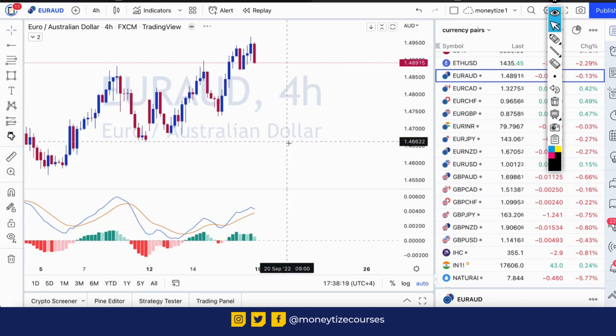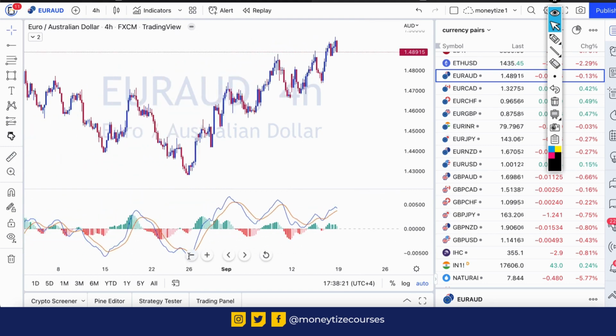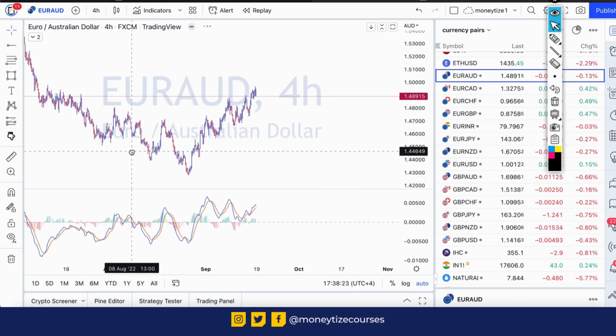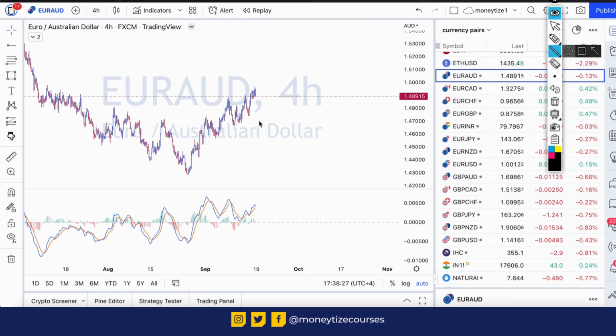Moving to 4 hourly now. On the 4 hourly, we have short-term bearish scenario. Short-term because it's still in the rising parallel channel with bearish divergence in play.